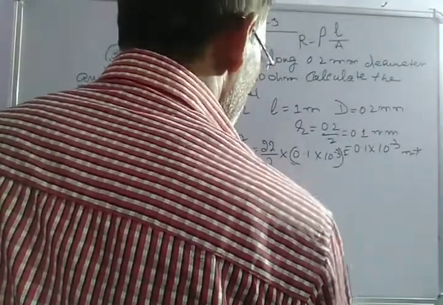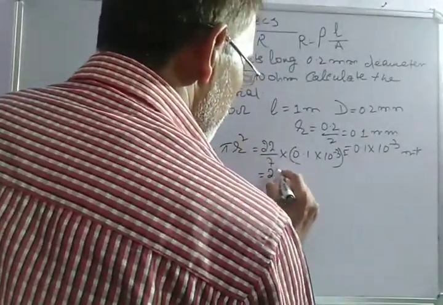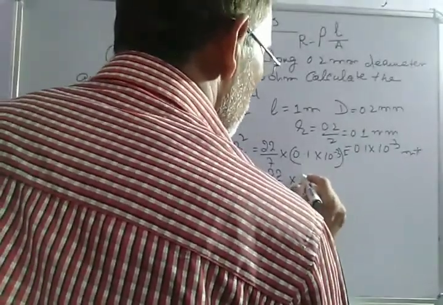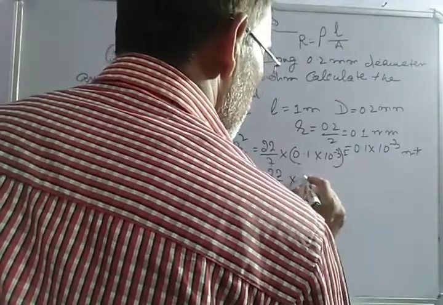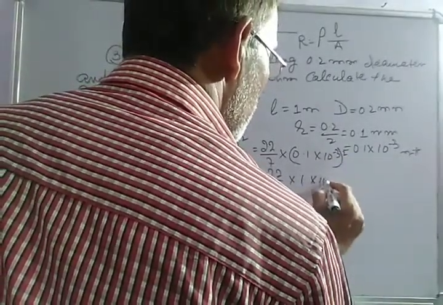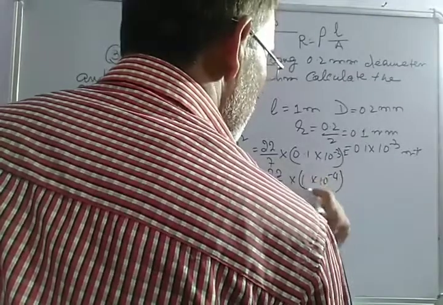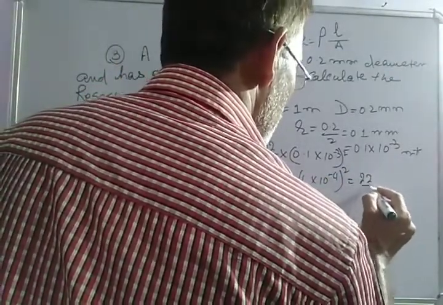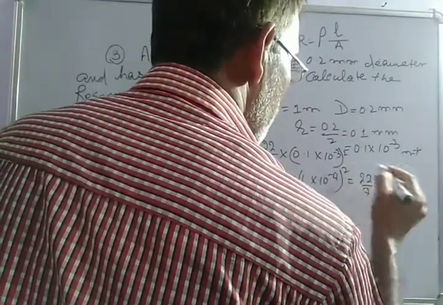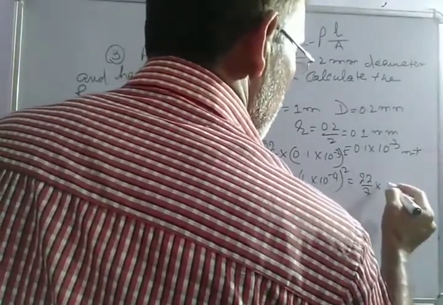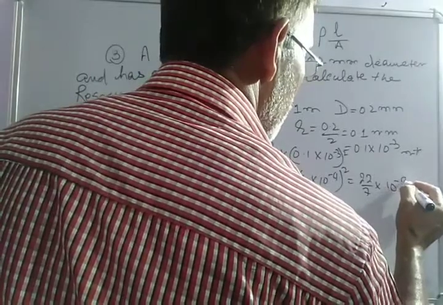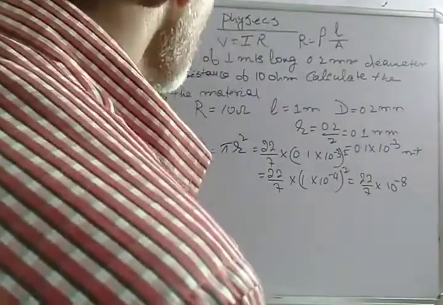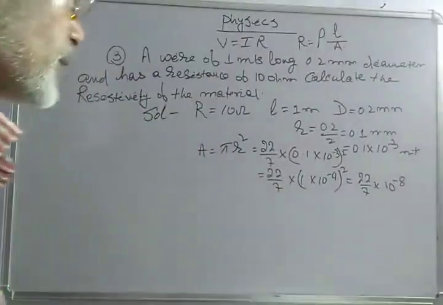If I write this one this way, 22 by 7 into 1 into 10 to the power minus 4 whole square, then also it is correct. Now this is equal to 22 by 7 into 10 to the power minus 8. Now calculate the resistivity.